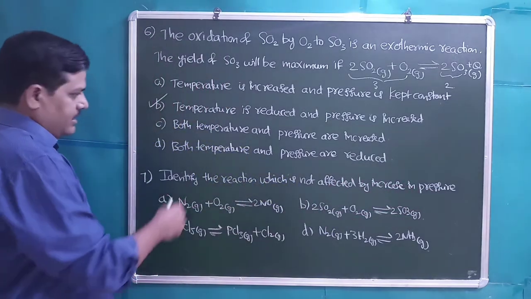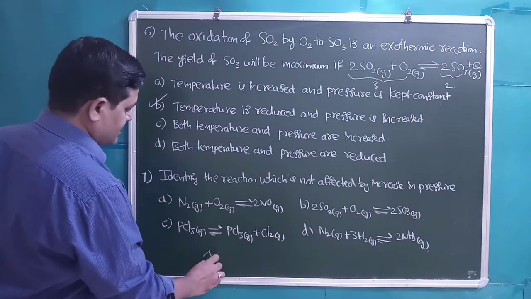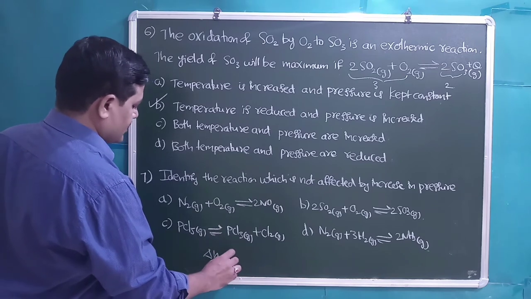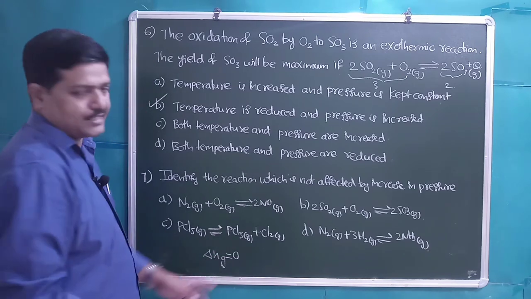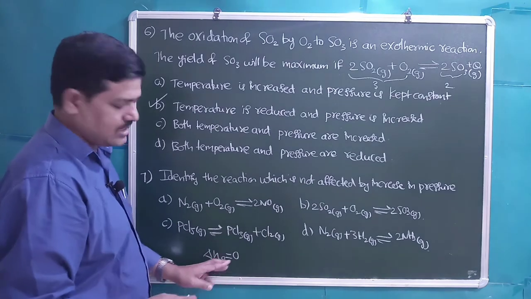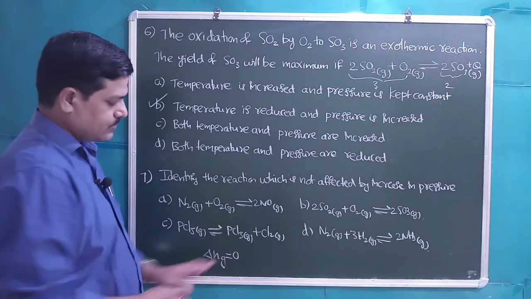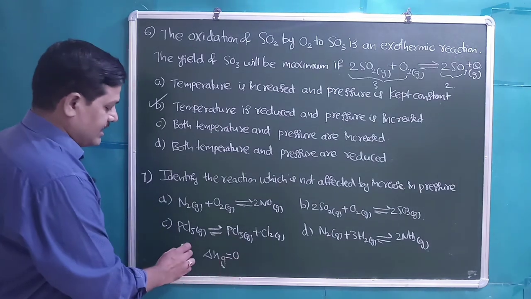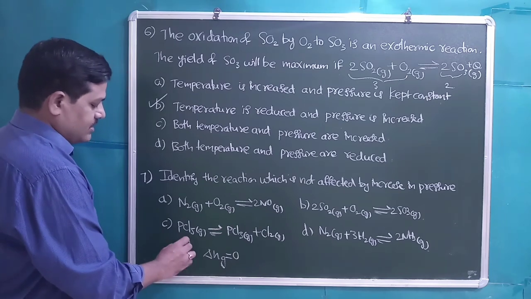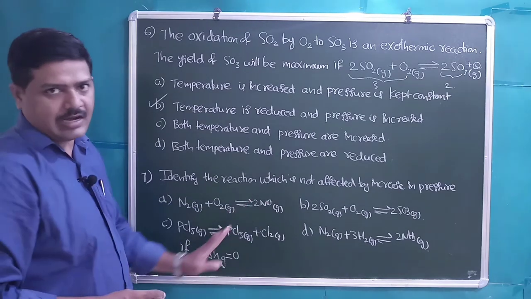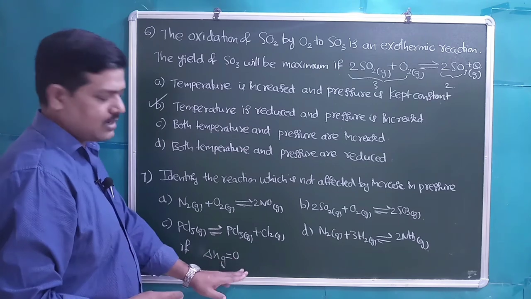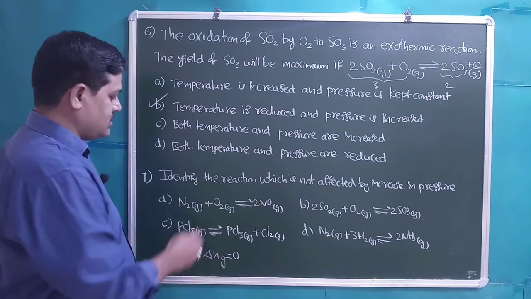Students, any reaction in which delta Ng is equal to 0, then change in pressure and change in volume has no effect on the equilibrium system. Let us check the delta Ng values.